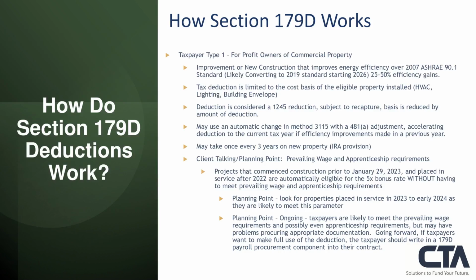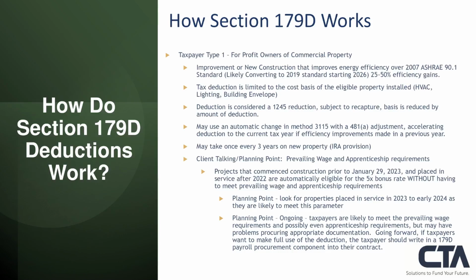If we're looking at somebody like a large real estate investor, and back in 2021 or maybe 2022, they finished brand new construction on a specific property, that should meet the parameter of getting you the 5 times bonus rate. But you can also move that into the current year tax period if you own the property by using an automatic change in method, right? So you can push that into that particular tax period.